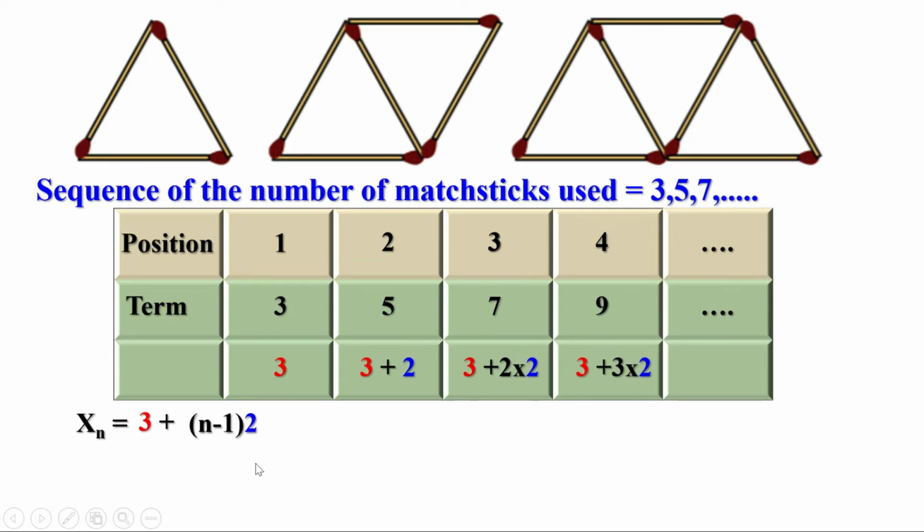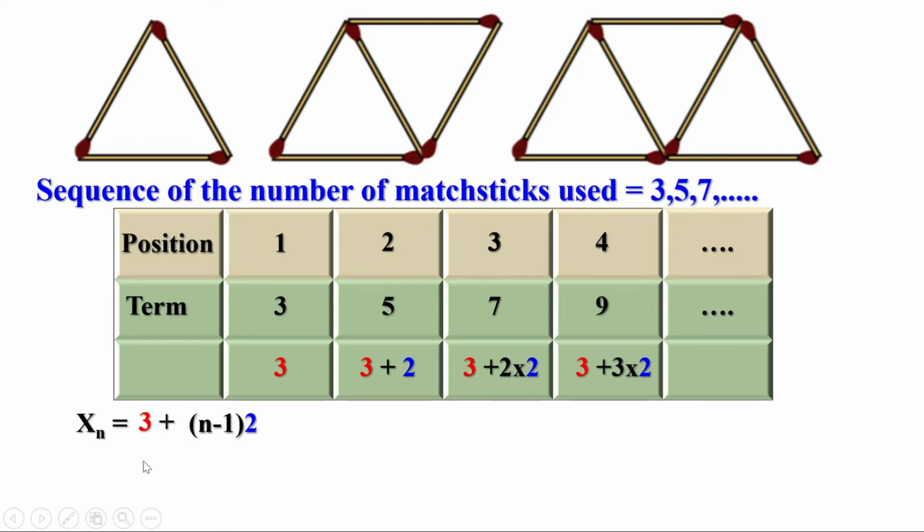Or you can think in another way. To make the first triangle we need 3 matchsticks. To make each additional triangle we need only 2 matchsticks. So when we take n triangles, for the first triangle we need 3 matchsticks, and for the remaining n minus 1 triangles we need only 2 matchsticks each.